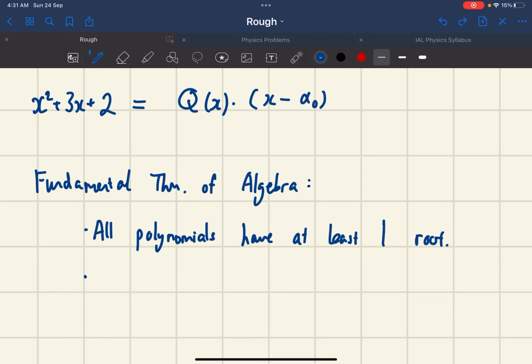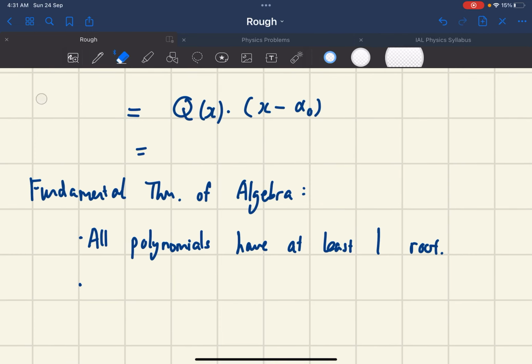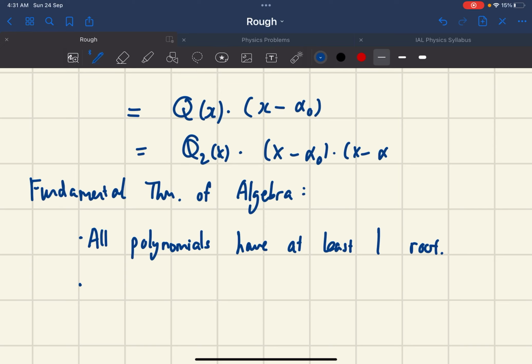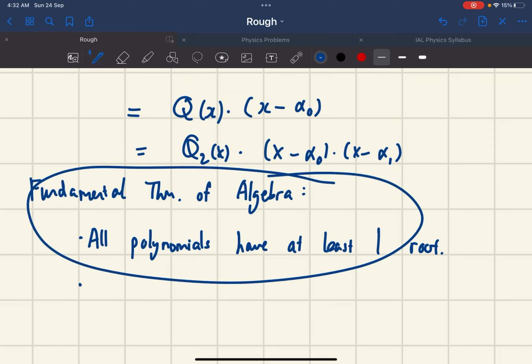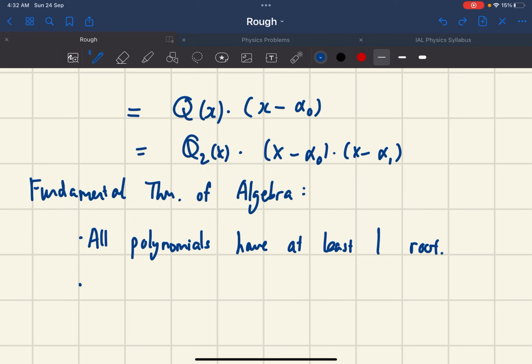So you can again factorize that to get another polynomial that's smaller, or more simple because you're dividing. This one also has a root by this theorem, so we can factorize it again and again and again, pulling out linear factors until we get it totally factorized.